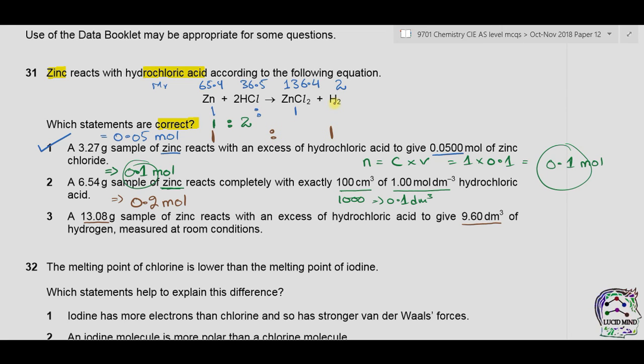It means that the moles of hydrogen should be the same as the moles of zinc. Let's find out the number of moles of hydrogen. Number of moles is equal to volume in decimeter cube divided by 24 decimeter cube. So it comes equal to 0.4 moles. As we can see the number of moles are not equal, so 3 is also incorrect. As only option 1 is correct, the answer is therefore D.